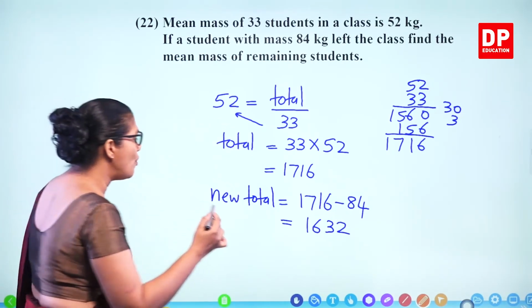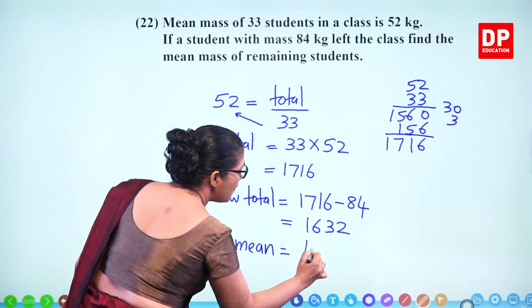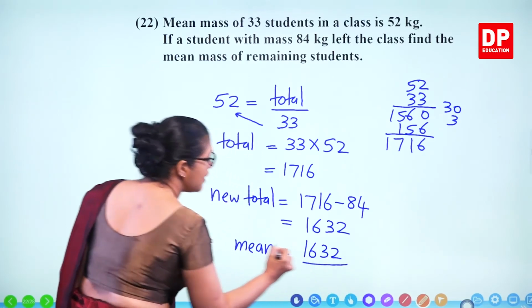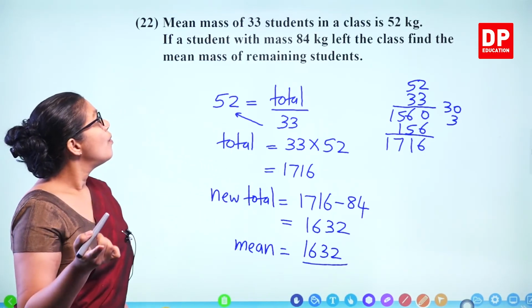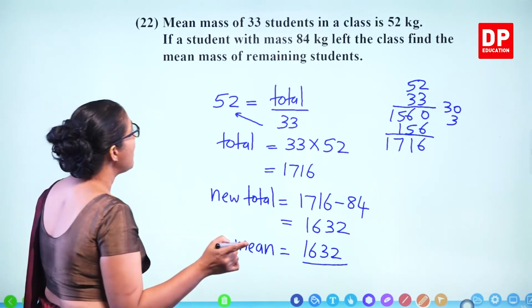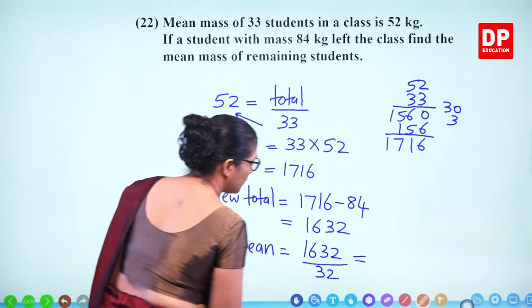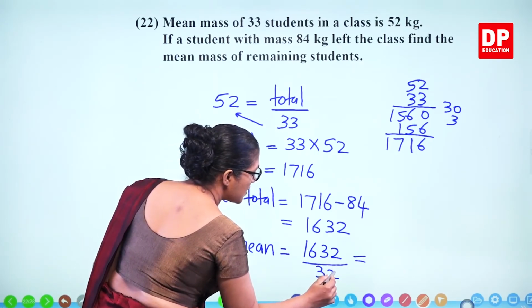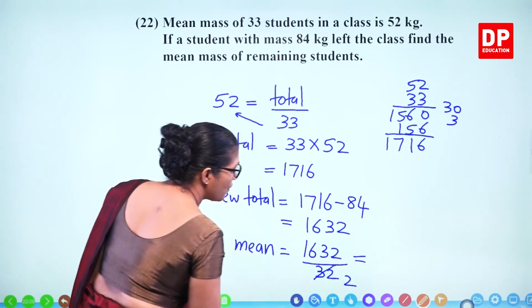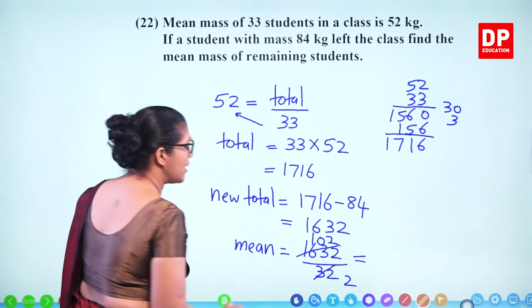So what's the new mean value? The mean value becomes the total here, and now only 32 students because one student has already left. 16 times 2, 32.